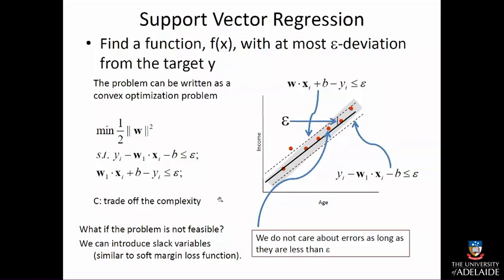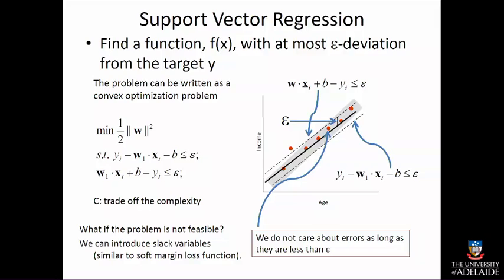In the hard margin case, we want all the training data to be between the margin, so all of the data points satisfy these two constraints. In this case, the objective function is only the regularization term, the L2 norm of the parameter W. You can compare this with support vector classification. It's very similar.